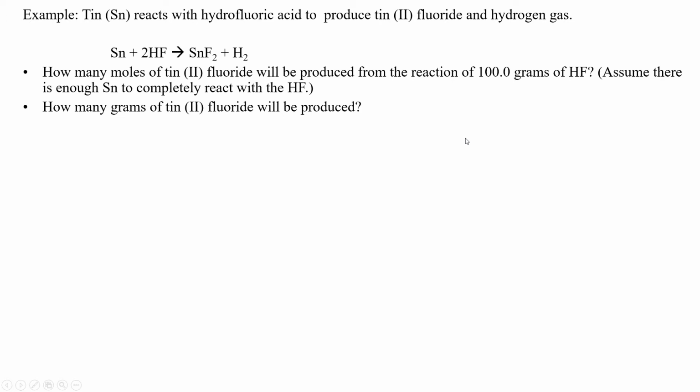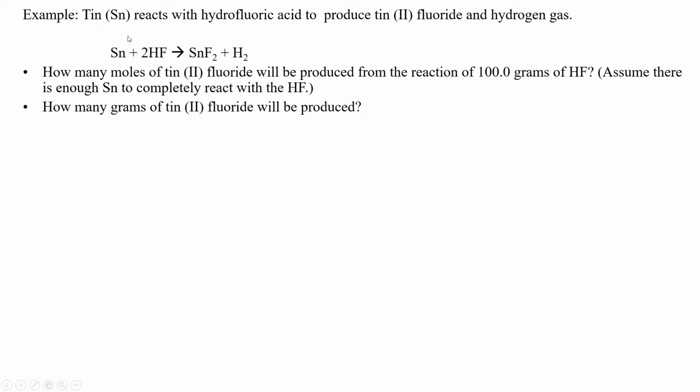Now that we have a good practice of converting grams to moles and moles to number of atoms and molecules, we also have the practice of making a molar mass conversion factor and Avogadro's number conversion factor. We will use all that knowledge in the reaction stoichiometry. So this problem that we have now is from the reaction stoichiometry.